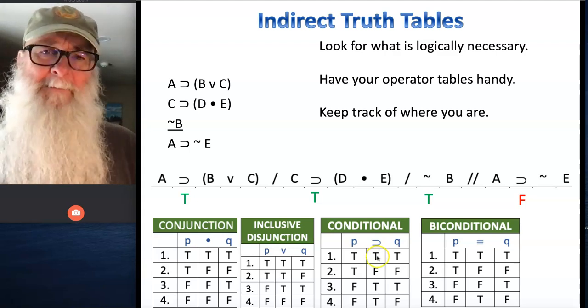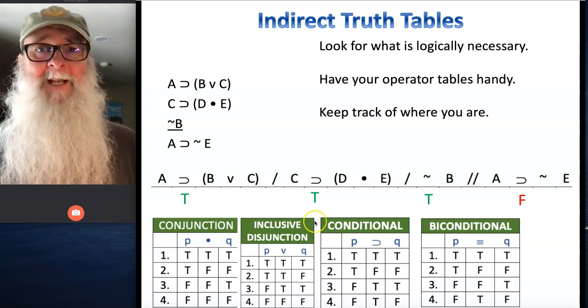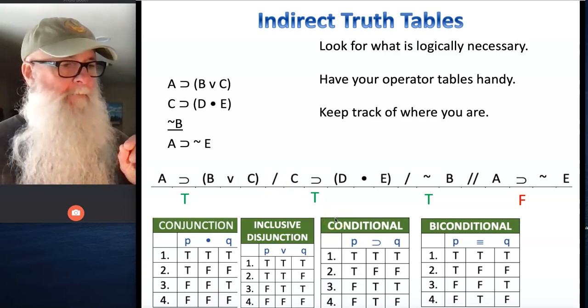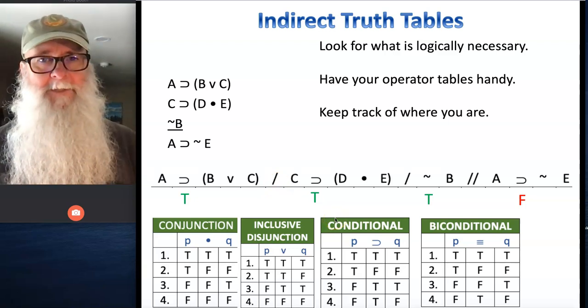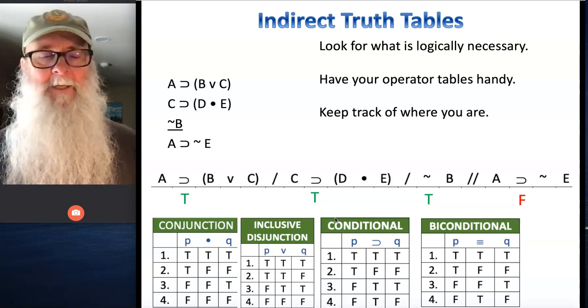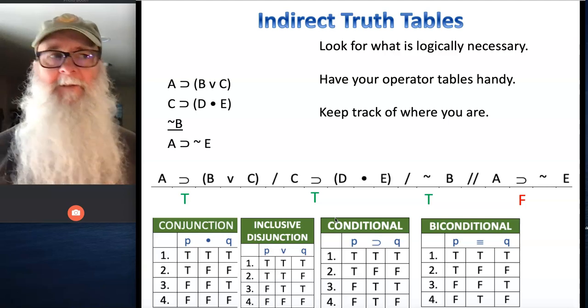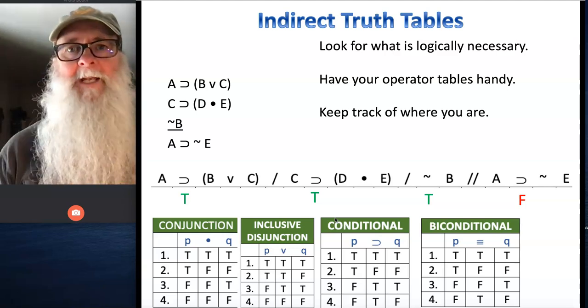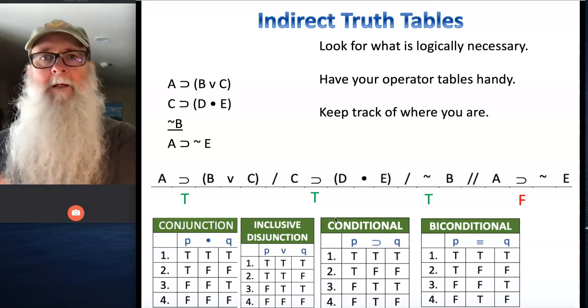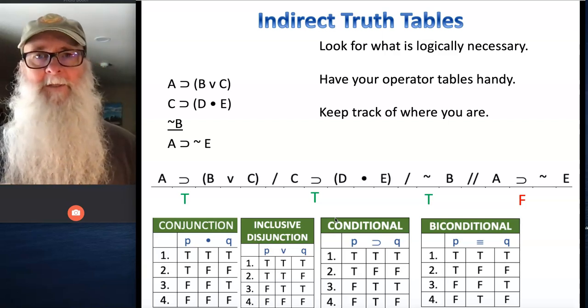And we want to make sure as we're doing this that we keep track of where we are in our work, okay? Now, here's what I mean by that. When we do this indirect truth table method and we're dealing with these really lengthy arguments like this one, it can be really easy to forget what we've done at one end of the truth table. And we might make a mistake like have one single letter represented as both true and false at the same time.